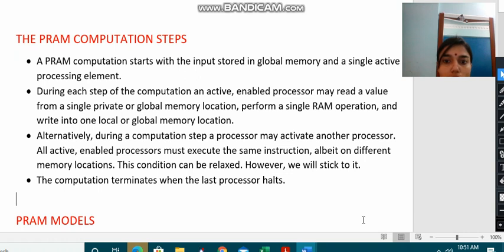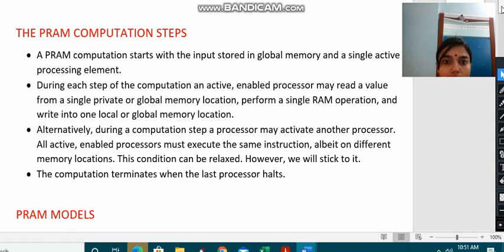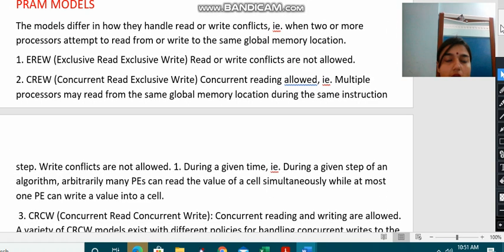Now let's move to the PRAM models. I told you that there are three PRAM models because there is a global memory where all the processors can do the reading operation, but only one processor can write at a time in the global memory. So in order to handle this read and write conflict, we have three types of PRAM model.